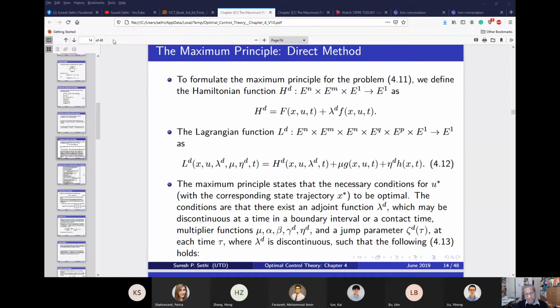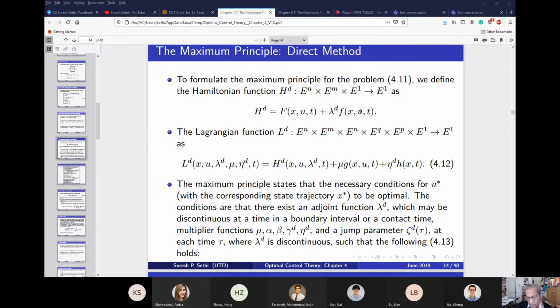So the direct is this D, this means direct. And the indirect, I don't put any subscript because most of the book we follow the indirect. So what we don't follow in most of the book, we put a subscript or superscript because we don't always follow that. So it's to distinguish that we put a superscript here.